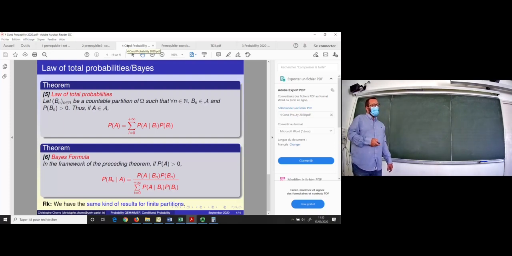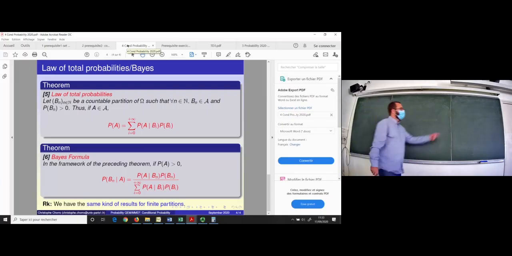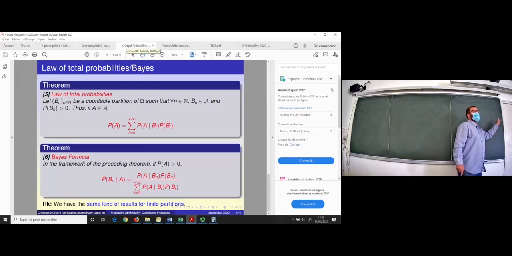What I want to compute here is the probability of Bn given A. If I know the conditional probability of A given all the Bi, which was 5%, 2%, 1% in my statement here, I am able to deduce from these numbers the probability of this type.